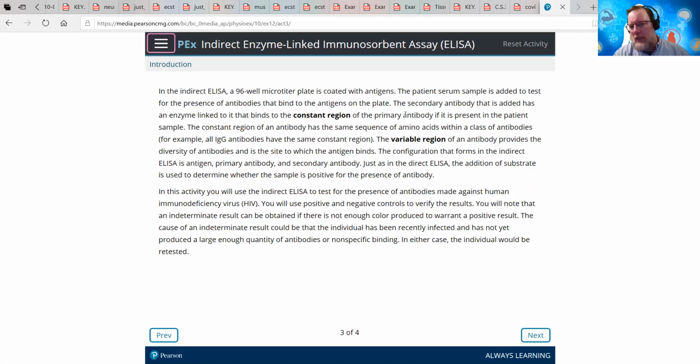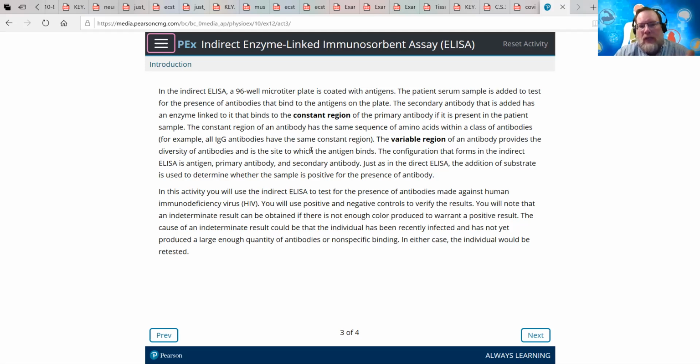In the indirect, again, what we're doing, we're testing for antibodies. The 96 well microtiter plate is going to be coated with antigens. The patient's serum sample gets added to test for the presence of antibodies that bind to the antigens on the plate. So a secondary antibody will get added with an enzyme linked to it that binds to the constant region of the primary antibody, if it is in fact present in the patient sample.